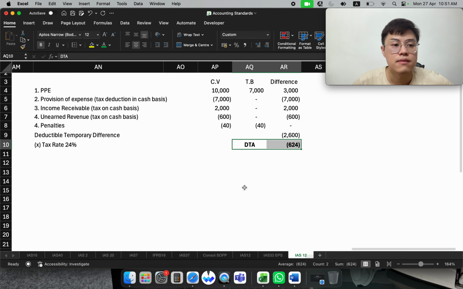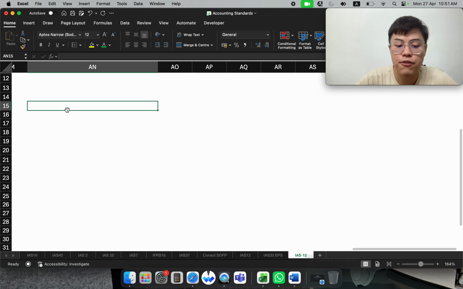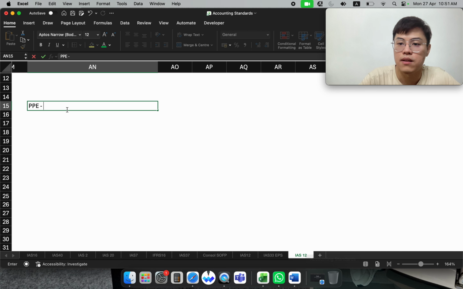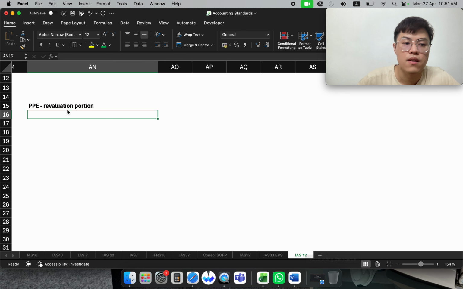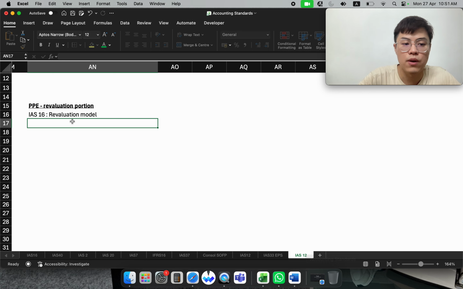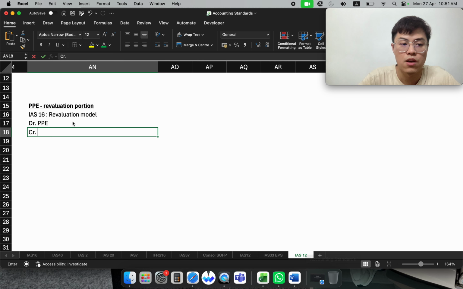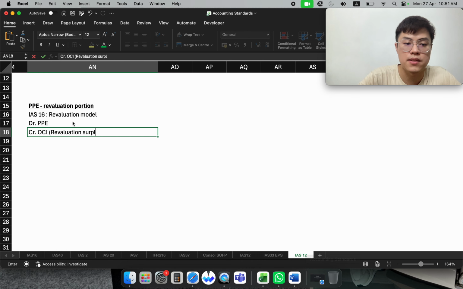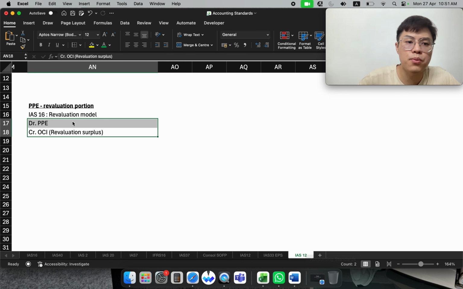And the last part, when you are dealing with PPE, that is the revaluation portion. Under the IAS 16 revaluation model, you are going to debit your PPE for the increase in value, and you need to credit your OCI as revaluation surplus. You are not putting it in your SOPL.